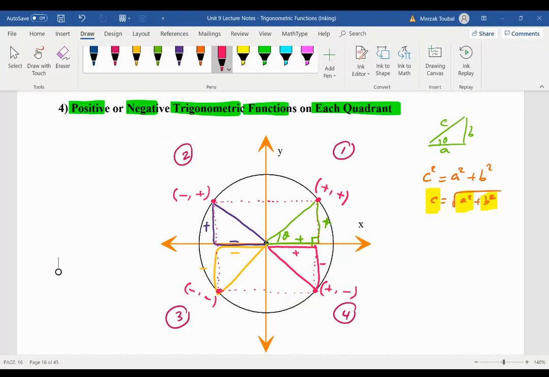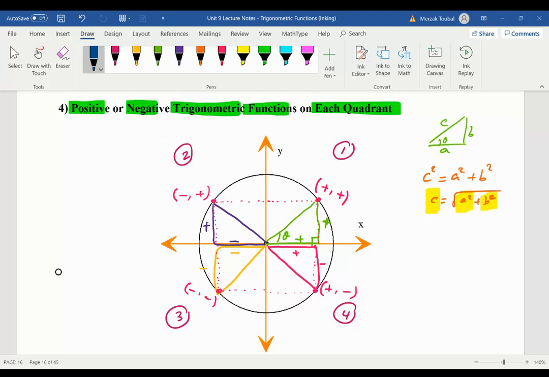Okay, now we can easily determine if the sine function, for example, in quadrant 1, is positive or negative, whether the cosine is positive or negative, and so on. So in quadrant 1, we know that the sine is opposite over hypotenuse. The hypotenuse, we said, is always positive, plus the hypotenuse in this case is the radius of the circle, and the radius of the circle will always be positive.